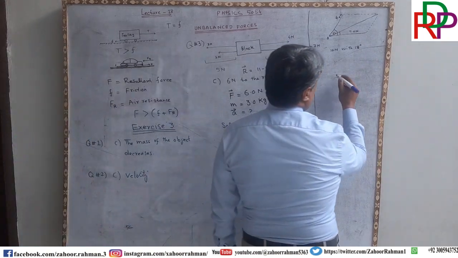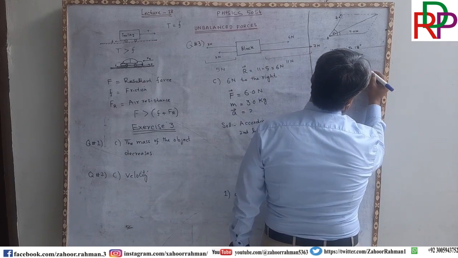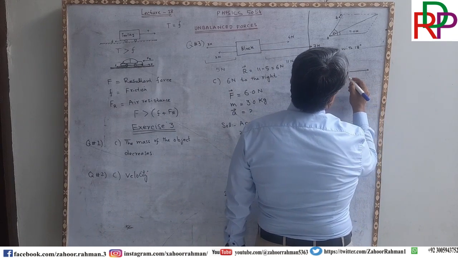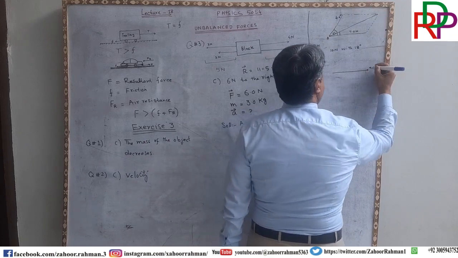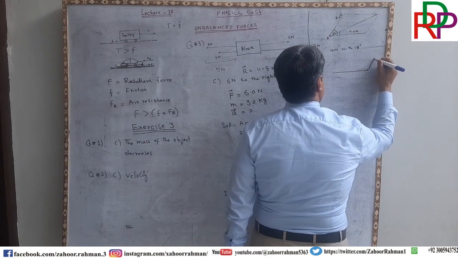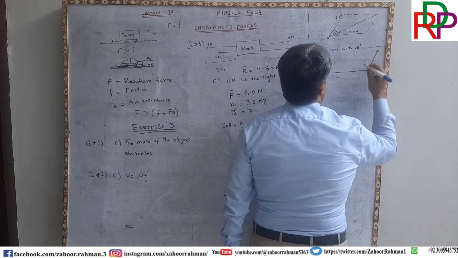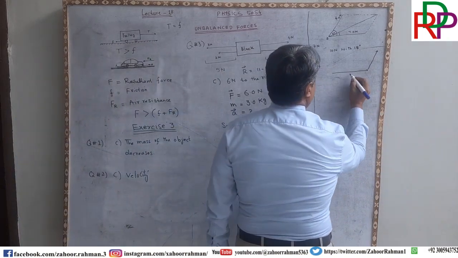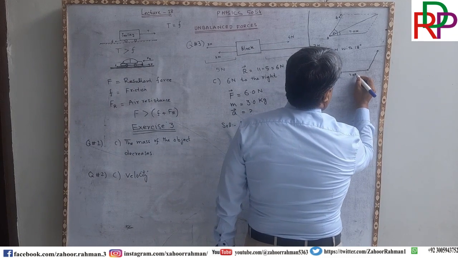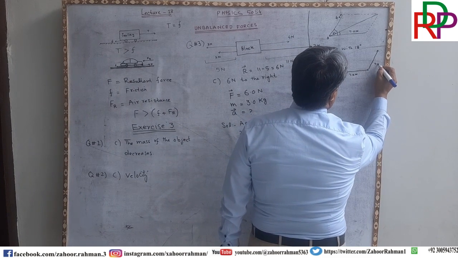Another way you can do this is, because this is the first vector, you have to draw this vector and join it with the head of the first vector. This is 7 Newton and that is 4 Newton.